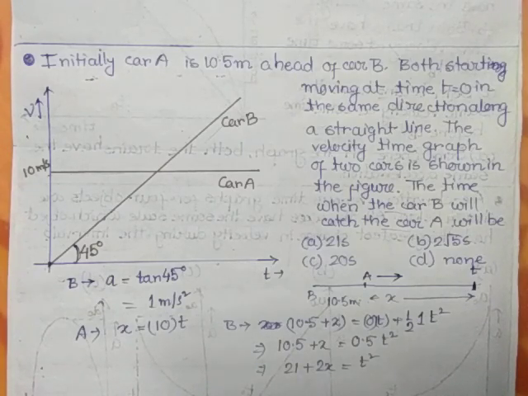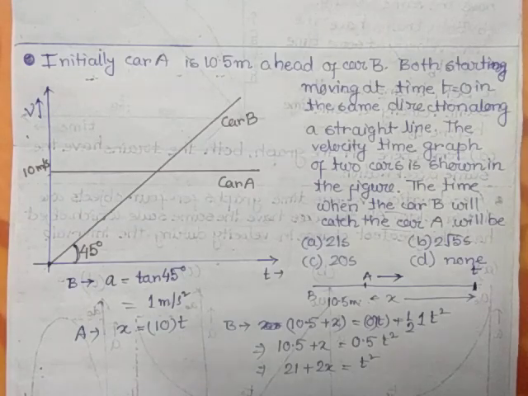So what we have to find out is where they will meet, and when they will meet. These are simultaneous equations. How can we calculate from this? That is the solving.